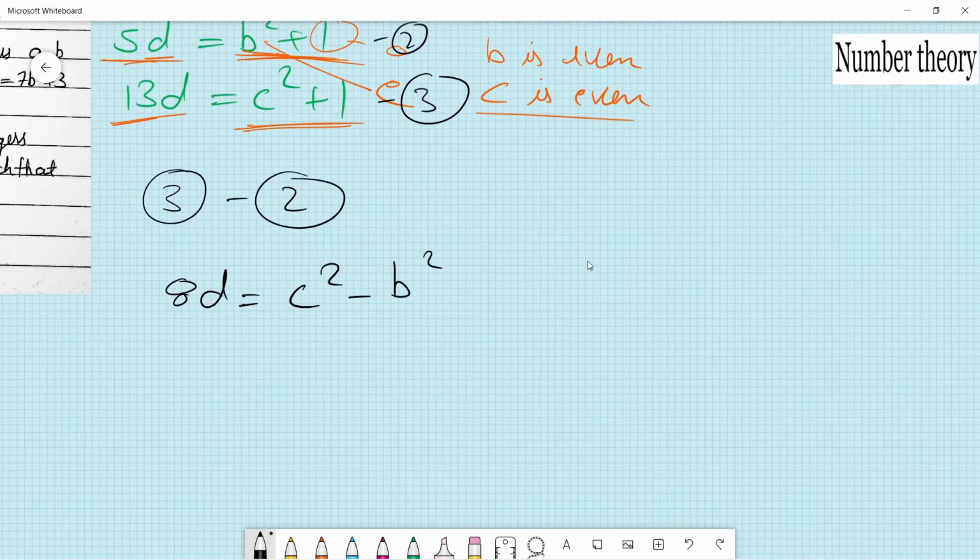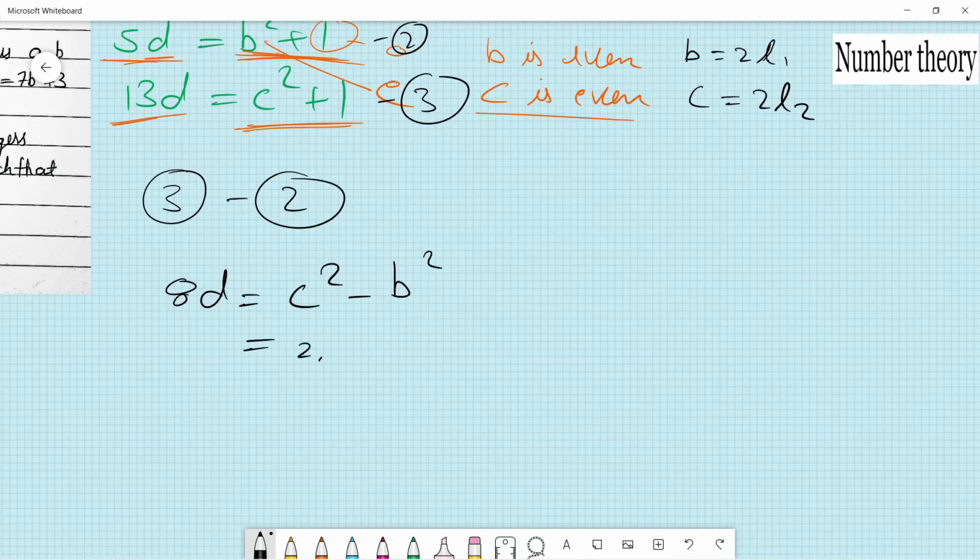Now since b and c both are even, we can say b can be written as 2l1 for some integer l1, of course, and c can also be written as 2l2 for some other integer l2. So let's replace them here.